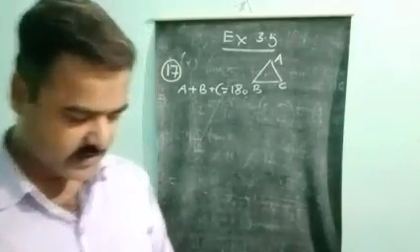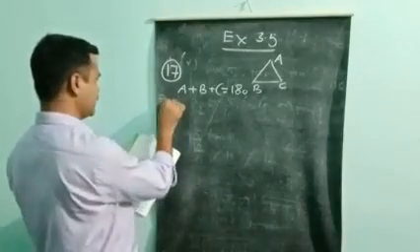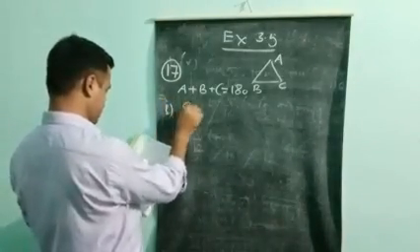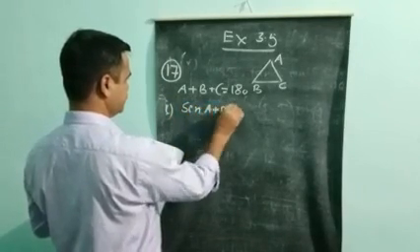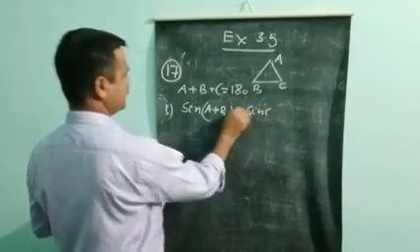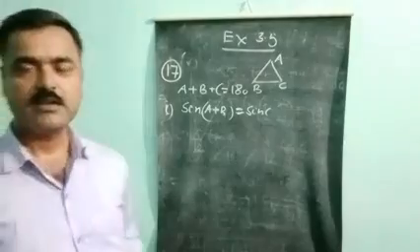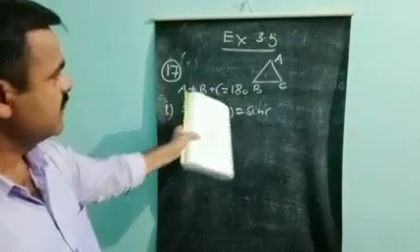Now the question is, first part, prove that sin (A plus B) equals sin C. This is to be proved. Now you know here A plus B equals 180 minus C.